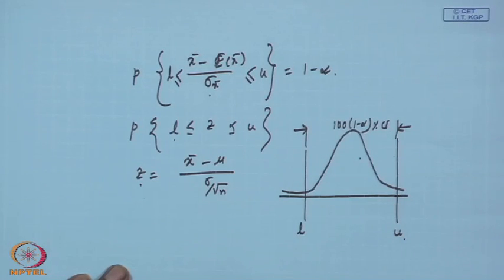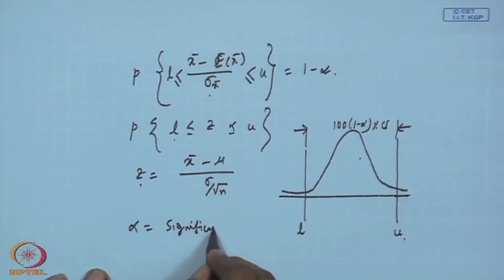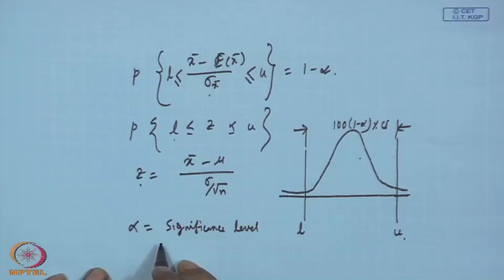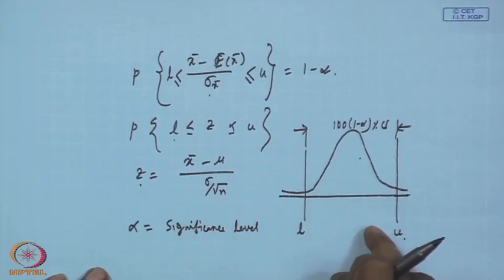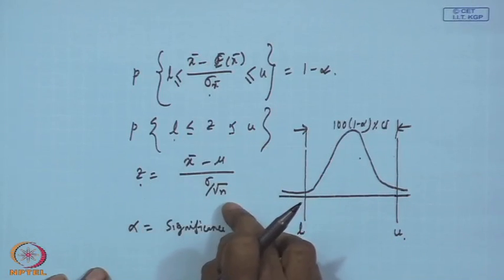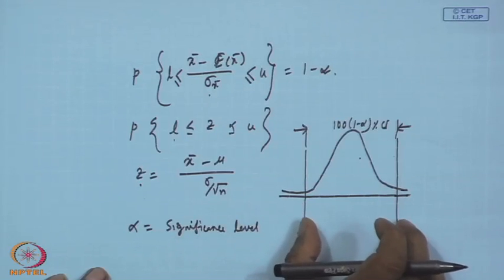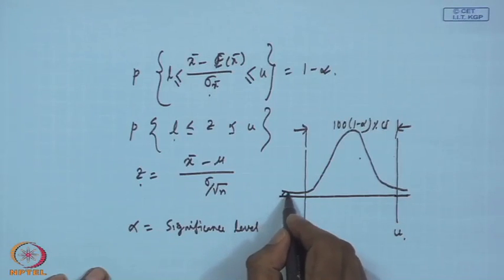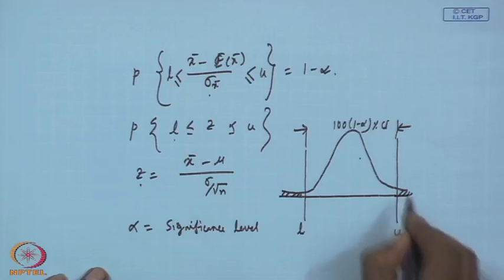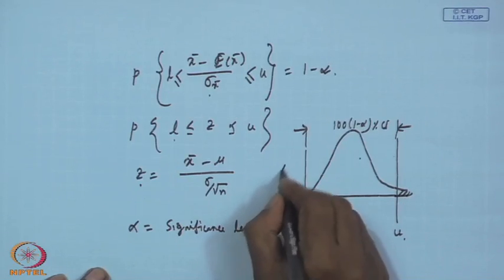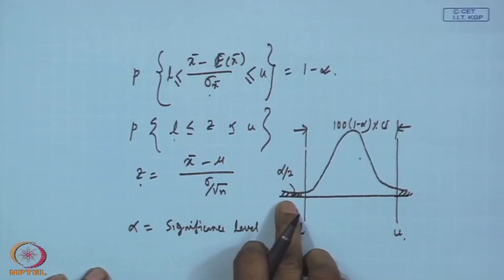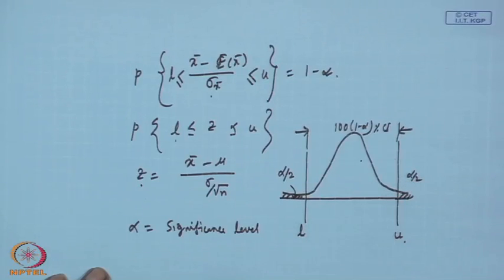What is this alpha? How do you determine this alpha? Alpha is known as the significance level. Okay. When x bar minus mu by sigma by root n is z distributed, it is a two-tailed case. So, the probability on the left hand side and right hand side will be equally divided. The hatched portion here is alpha by 2, here is alpha by 2.